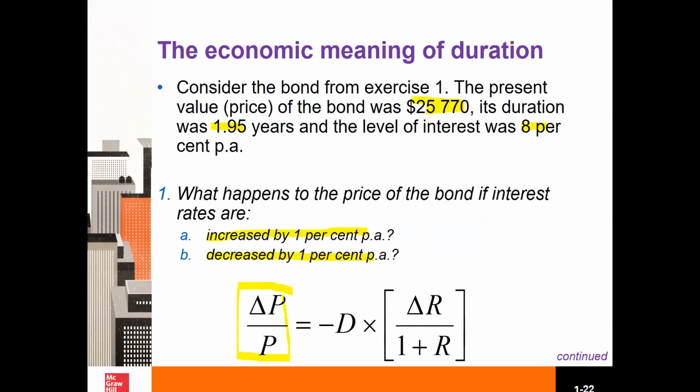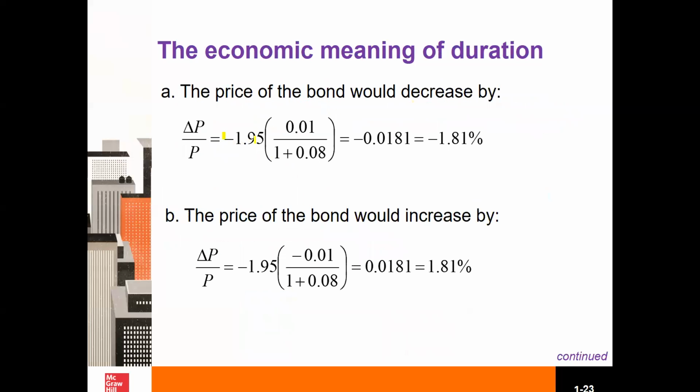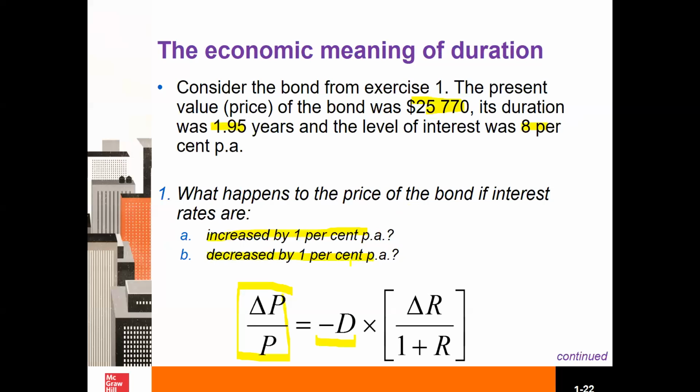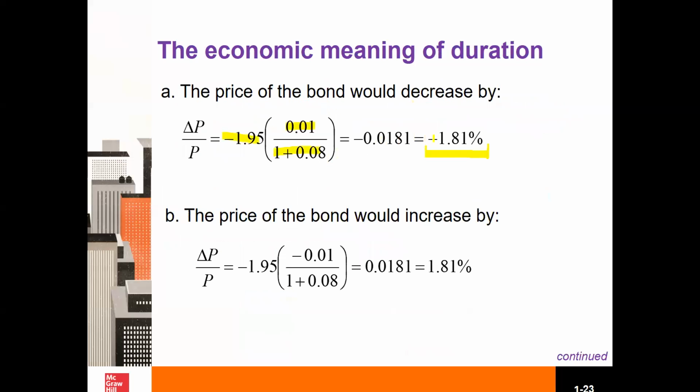Change in price should be D, the duration, multiplied by change in interest rate divided by 1 plus R. So our duration is 1.95 and interest rate change is 1%, divided by 1 plus the interest rate. You can say it's negative 1.81%. It means that as interest rate increases by 1%, the price will decrease by 1.81%.